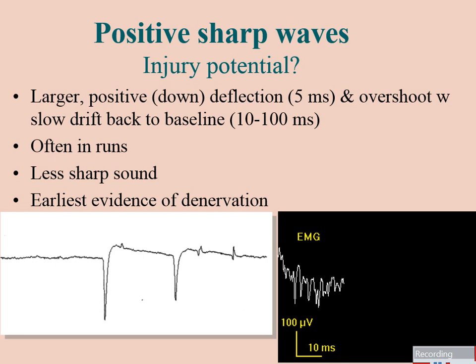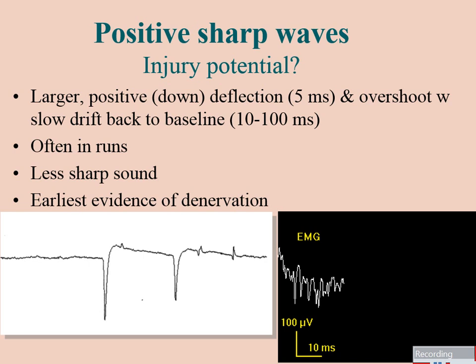And so you get a little bit of a negative deflection, but it's a very different looking waveform. This is often the first change that we'll see in terms of spontaneous activity in the muscle. Prolonged insertional activity is typically the first thing, but then the spontaneous activity that's not in response to the insertion can be these positive sharp waves.